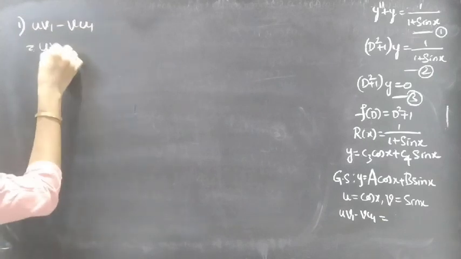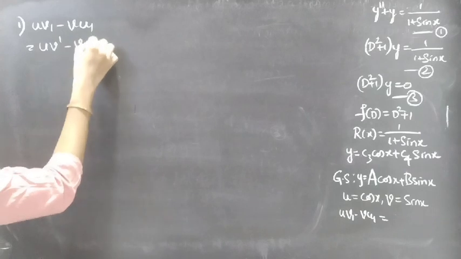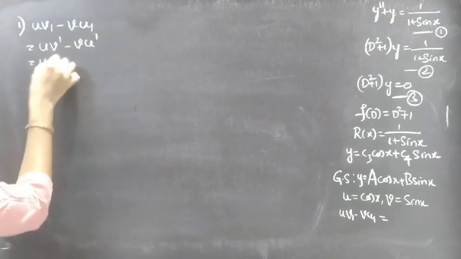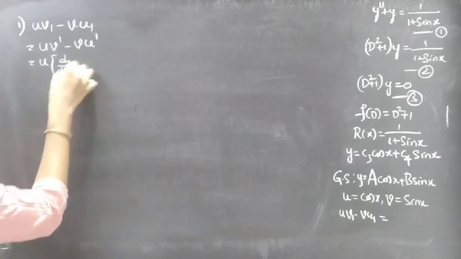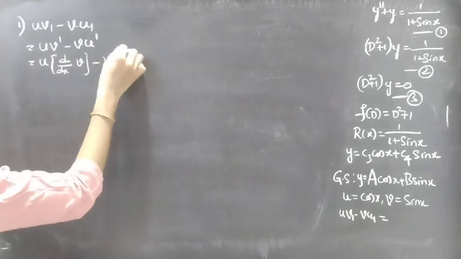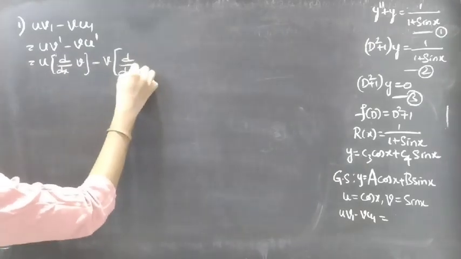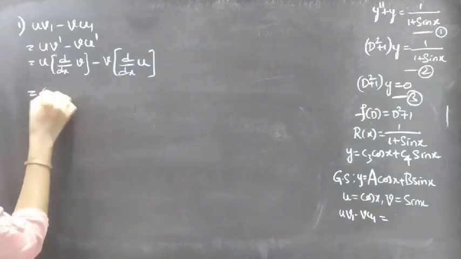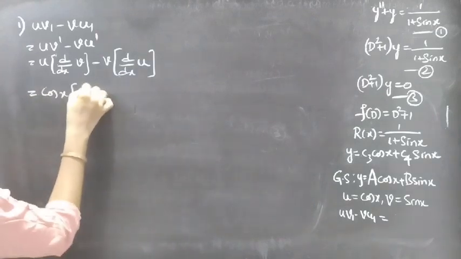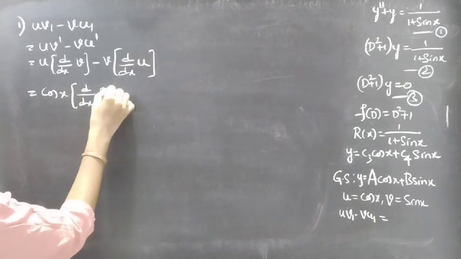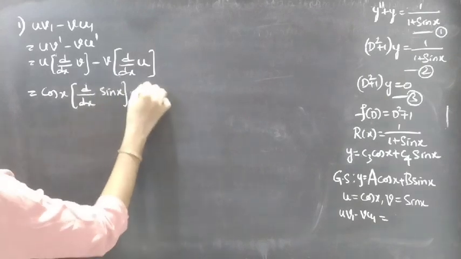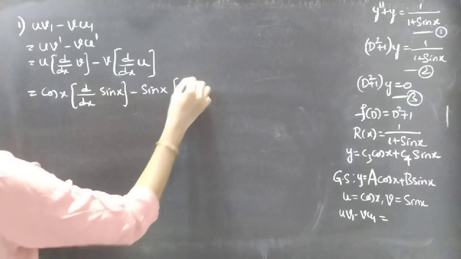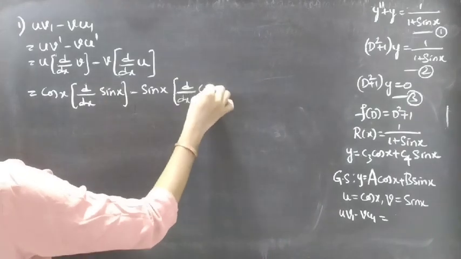Here v1 is nothing but the derivative of v, and u1 is nothing but the derivative of u. We can write it as u d by dx of v minus v into d by dx of u. This equals u is cos x, the derivative of v with respect to x, minus v into the derivative of cos x with respect to x.